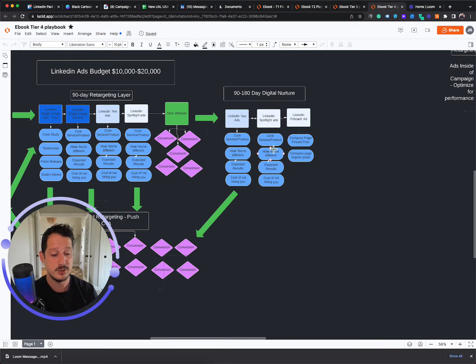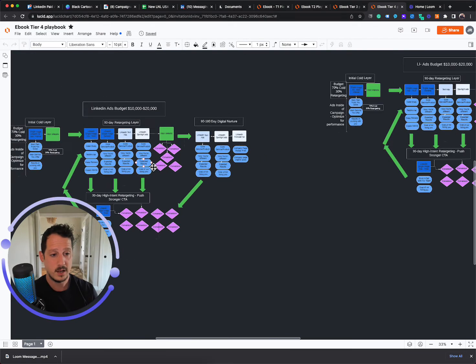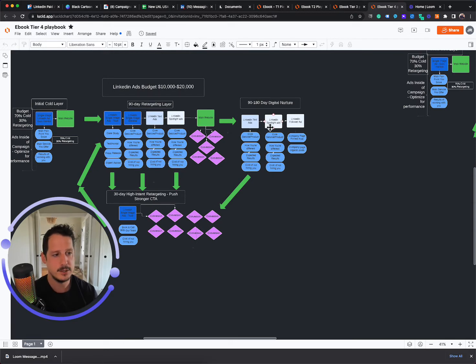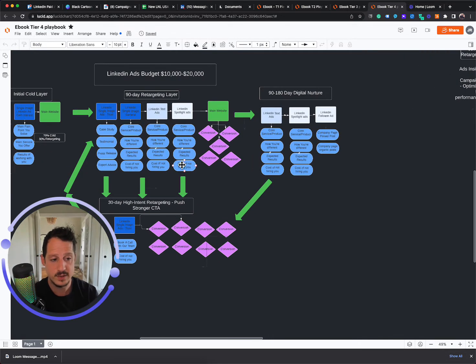We could nurture this group from 90 to 180 days with less than $500 a month, and it'd be worth it. The idea though is that just like on the previous tier, if they interact with the retargeting layer, they get queued into that 30-day high intent group. And then they would also be re-queued or refreshed into the 90-day retargeting group because they made a website visit and it queues them back into that.